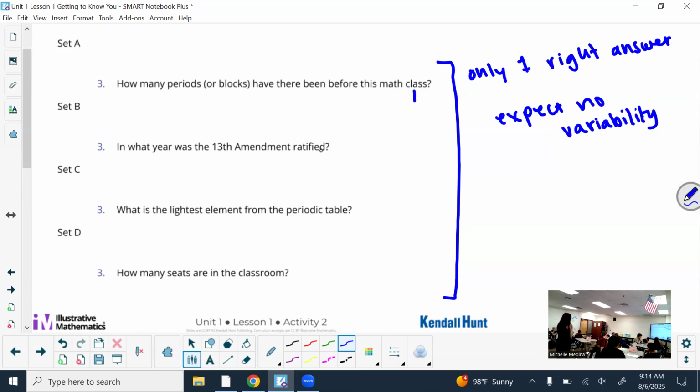But the others, I wouldn't necessarily expect you to know. Like these 2, you might have to Google. The last one, how many seats are in this classroom? I mean, there's 36 desks, but then you could count my chair, these other chairs that I have over here, so there could be some variability, but there's only one right answer. So these are all examples of what type of questions? Non-statistical.